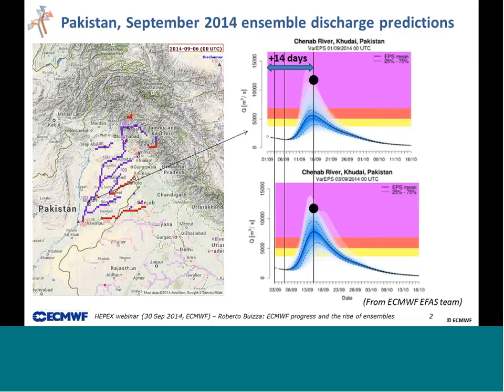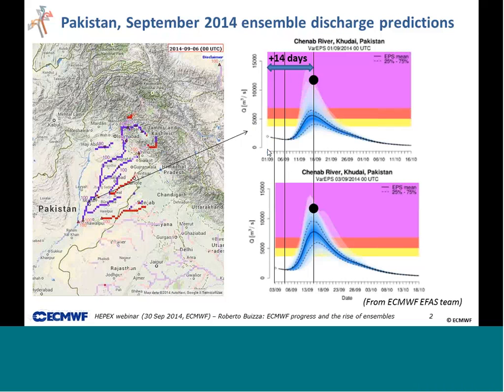On the left, you see a map with colors, where colors identify the rivers where there is a probability of exceedance of a certain level of discharge. And on the right-hand side, I'm showing you two discharge graphs of a discharge at a specific location, Chenab River, Kudai, Pakistan.